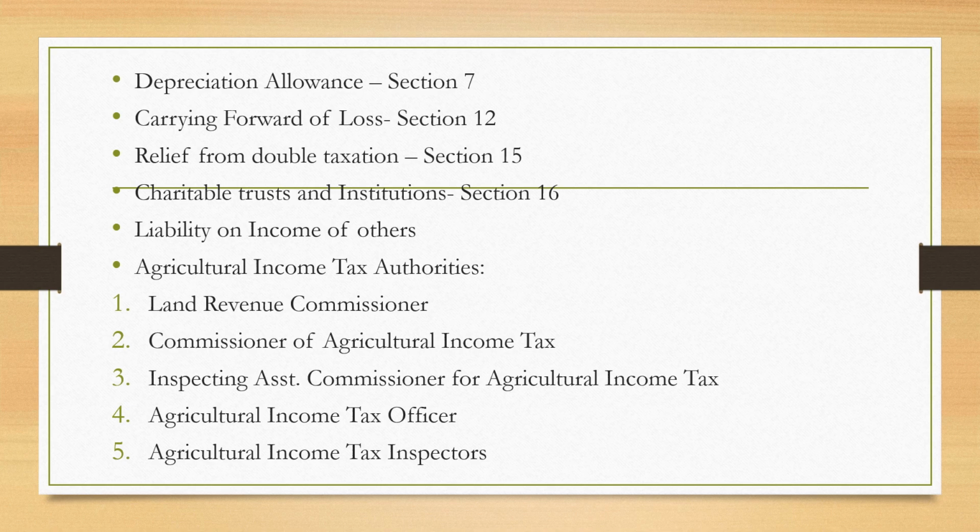So since we are discussing a huge portion of land, the area in which the larger portion of the land is situated, that area's agriculture income tax officer will be assessing that assessee. Where an assessee has made a return to the agriculture income tax officer having jurisdiction over the assessee's place of residence or the place where any of his land is situated or where his accounts are maintained, he shall be deemed to have elected such place as his place of assessment.